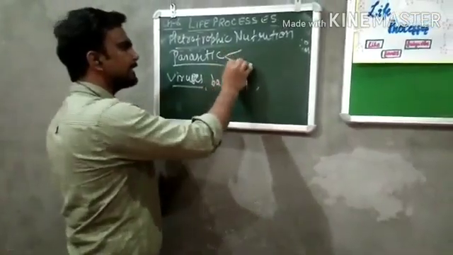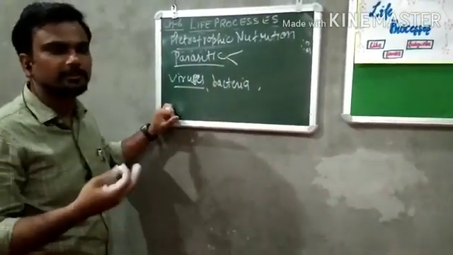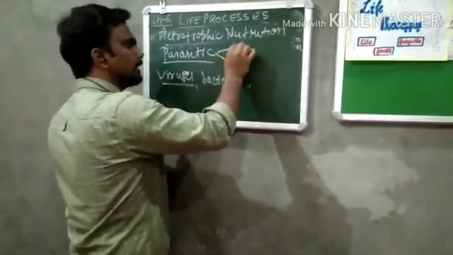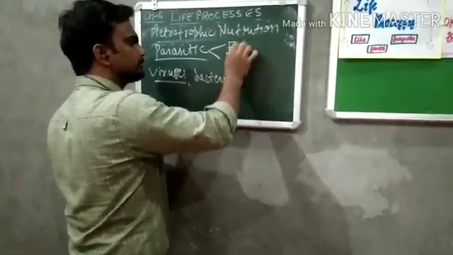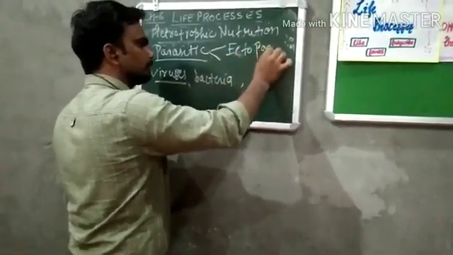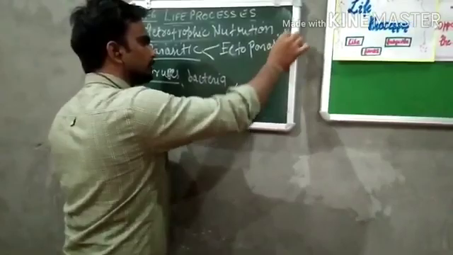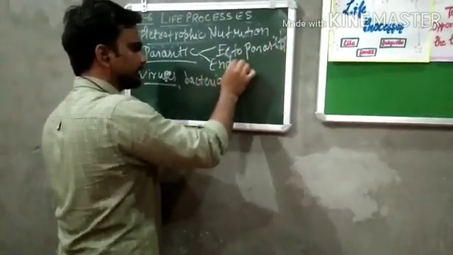The subtypes of parasitic nutrition are ectoparasitic and endoparasitic.